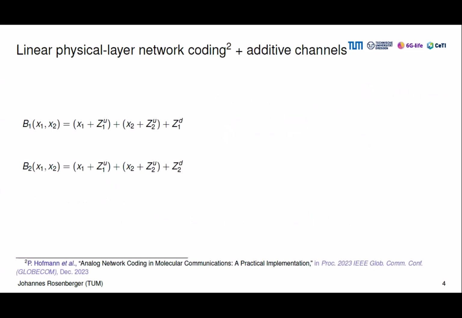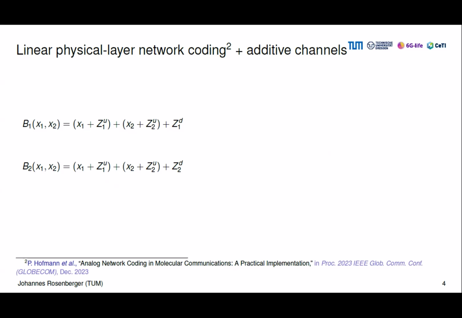Now, a naive approach to coding for such a network could be to just do linear network coding and send our stuff over that. Actually, this project was inspired by a talk from last year, or it started as a fusion of my talk from last year and Pitt's talk from last year about physical layer network coding in molecular communication, where it was linear network coding.